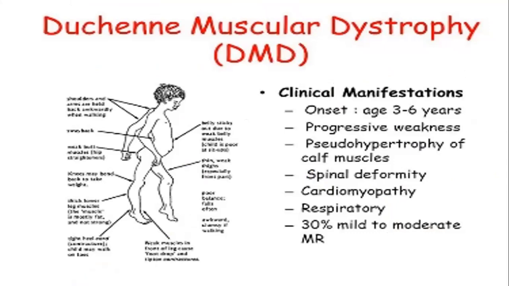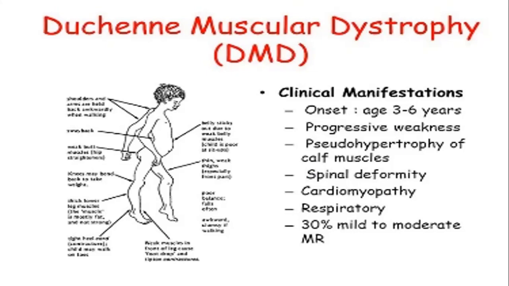Two types we will discuss: one is Duchenne muscular dystrophy, another is Becker muscular dystrophy. The dystrophin gene is one of the largest in the body, and mutations can occur at various sites in it.